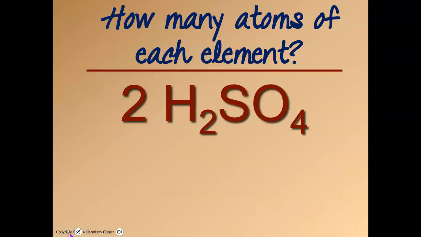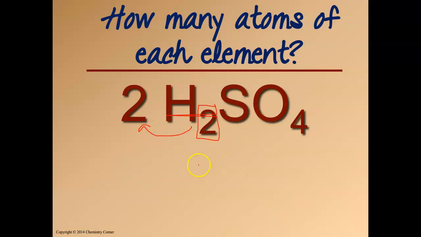Here's another example. You should recognize this as an acid, because I've told you that any compound that starts with an H is an acid, and this should look familiar. It's in our notes from the last unit, and we've named it several times. This is sulfuric acid. We have 2 hydrogens in the formula. So I'm going to take the 2 and multiply it by this 2. That gives me 4.